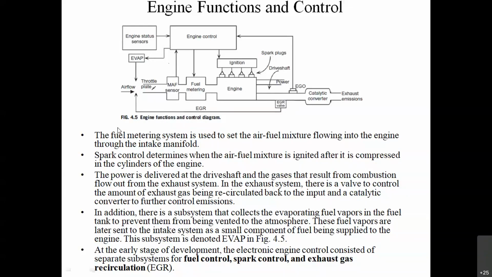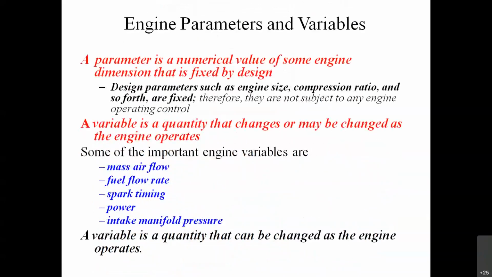So this is how your control system, or ECU, is used to control the engine management system. So what are the engine parameters? Basically a parameter is the numerical value of some engine dimension that is fixed by the design.